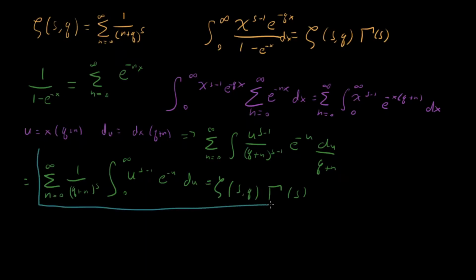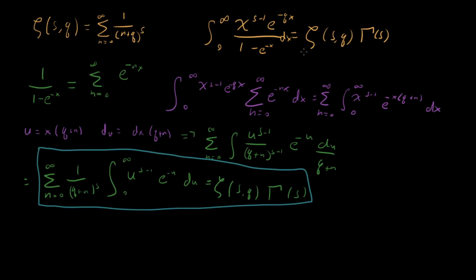And so maybe you're starting to see, and this may become evident as we do more of this type of stuff, that there's a whole class of integrals that look like this, which when you solve them end up being in terms of some zeta function times the gamma function, or a generalization of the zeta function. And so here we have something just like that. If we would have had this integrand looking a little bit different, we'd just get the zeta function.